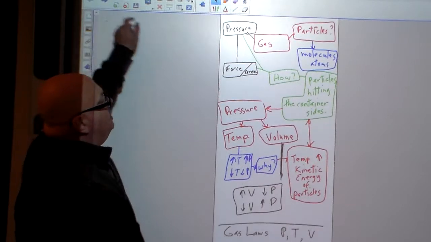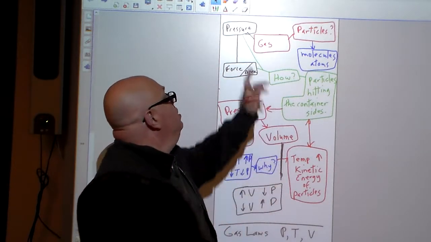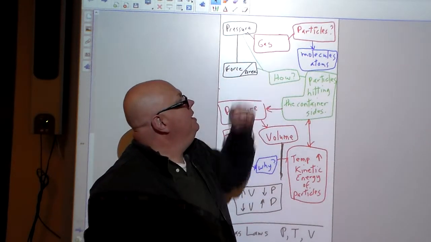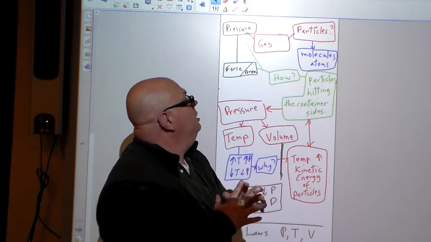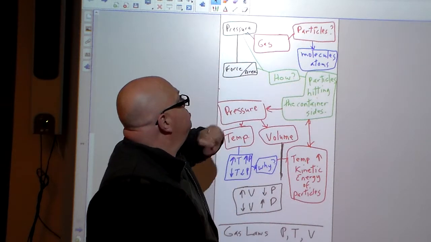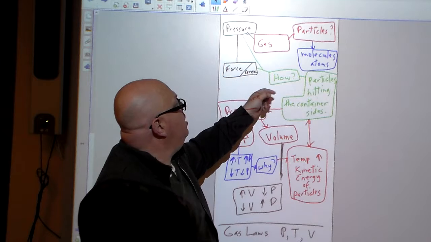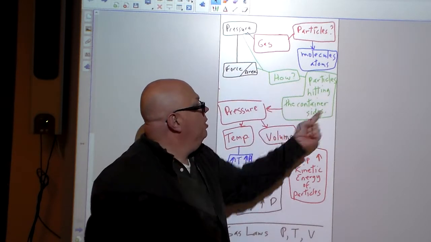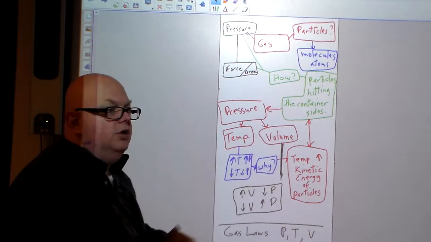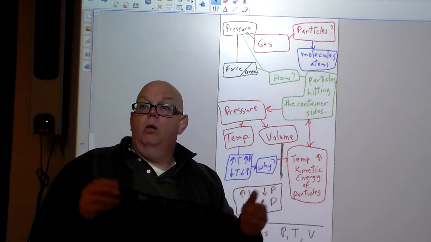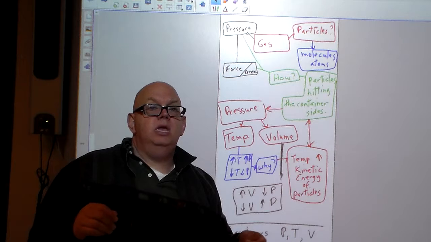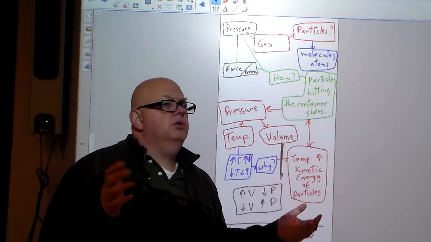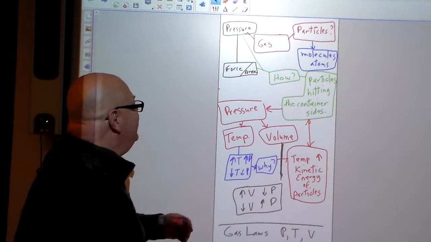So we started talking about the idea of the gas chapter. We said that gas is made of particles, which are made up of molecules and atoms. Gas deals with pressure, which is force over area. How is it that gas creates pressure? Particles hitting the sides of the container. It may be a balloon, it may be a gas tank, it could be a number of things, but it's a container.